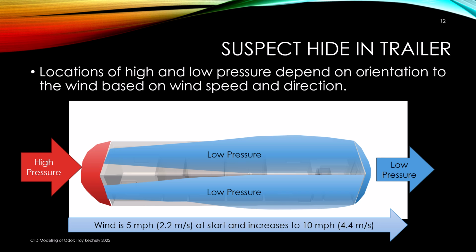And then you also have a low pressure zone on the downwind end. And again, that's going to be partially due to the eddies that are going to be created there, and just the fact that there's no wind pushing against it, but all the wind is going past it. And again, that surrounding air wants to go to that faster airflow because it has that lower pressure.